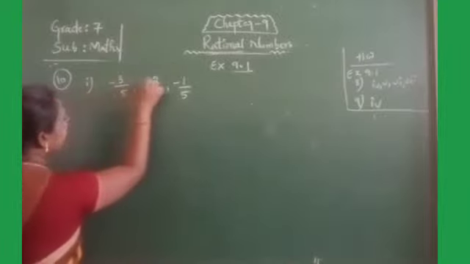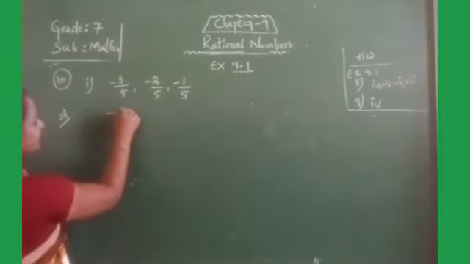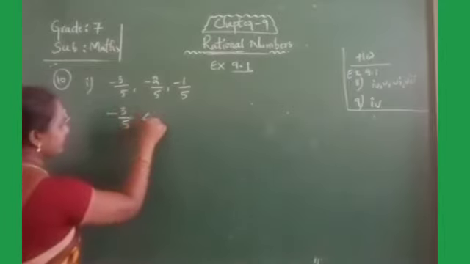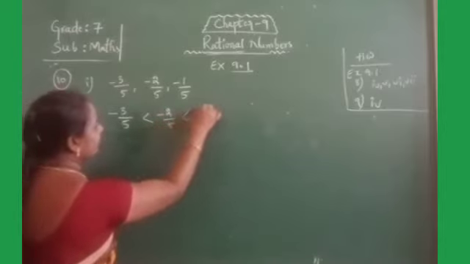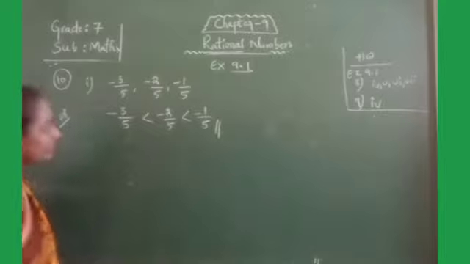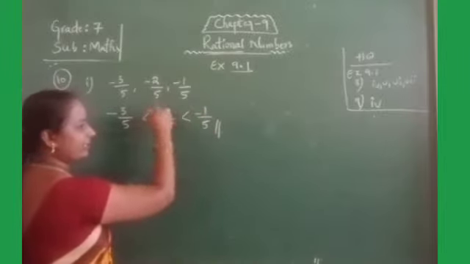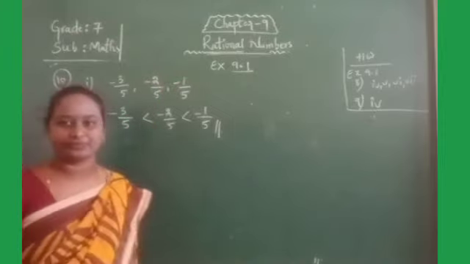Minus 3 now, minus 2 now, minus 1 now. Which one is greater here? Minus 3 by 5 is less than minus 2 by 5 is less than minus 1 by 5. It is very easy now. So that means minus 1 by 5 is greater than minus 2 by 5, and minus 2 by 5 is greater than minus 3 by 5. Right.